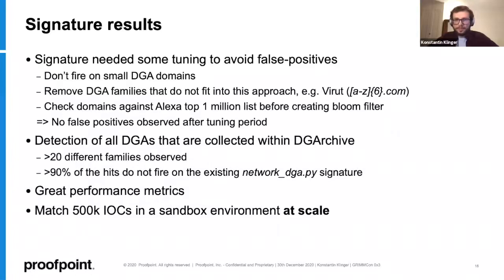So we are now able to match huge numbers of IOCs in sandbox environments in really quick time. And it works, even though we use the slower Bloom filter library, and we could improve things in the Cape sandbox if we would use a microservice for the second lookup.